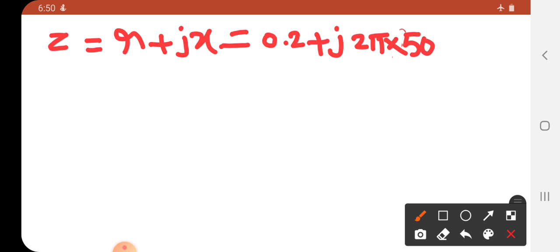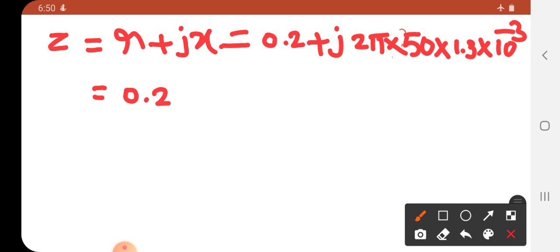Two pi f into L, L in the sense 1.3 into 10 power minus 3 because it is milli. Therefore this value is 0.2 plus j 0.408.